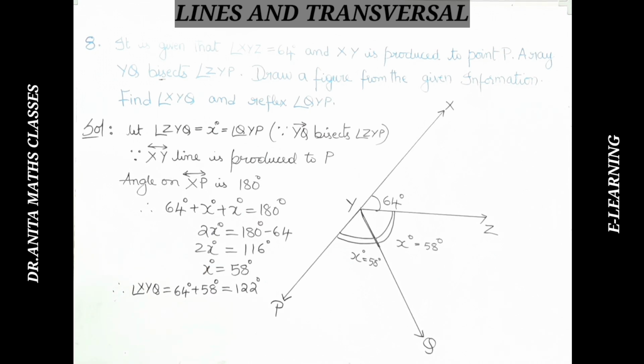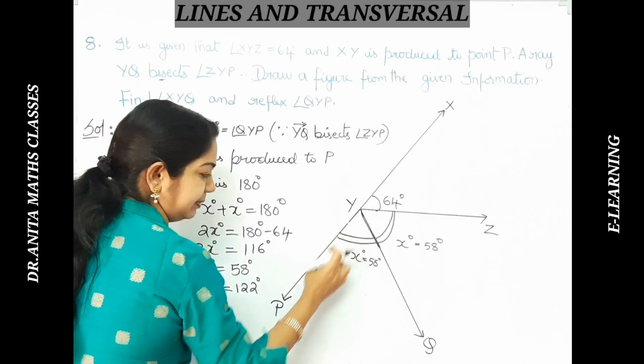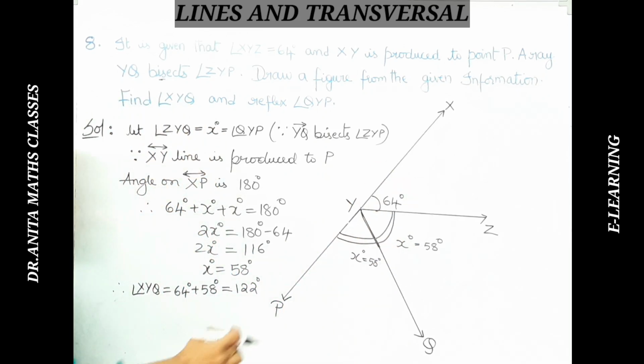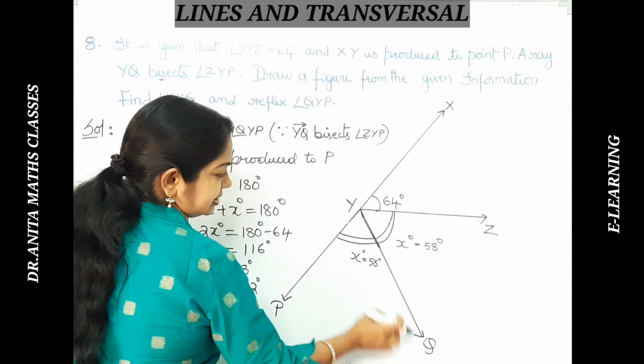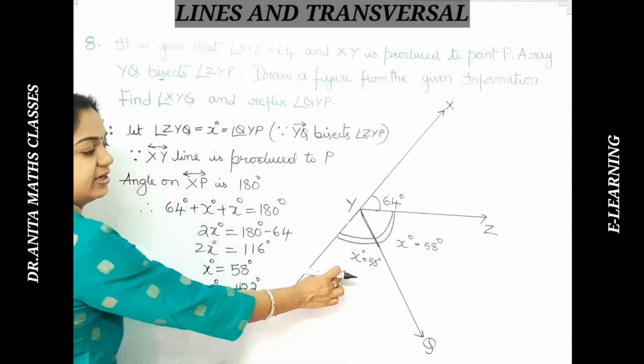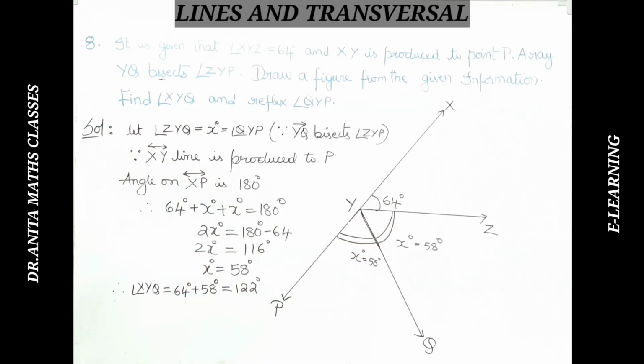Yes. And we have to find the reflex of QYP. First we will find QYP. The reflex angle means this angle. Okay. So you can also do, this angle is x, QYP is 58 degrees. The reflex angle will be 360 minus 58 degrees simply.